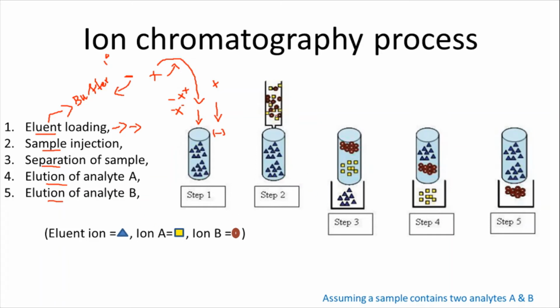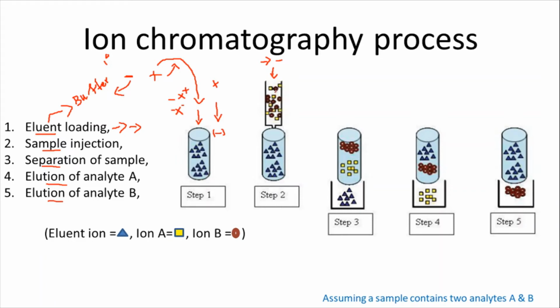That means you are adding the sample, using some injector. The injector has some pressure, so a microprocessor valve is there to inject the sample into the ion exchange column.